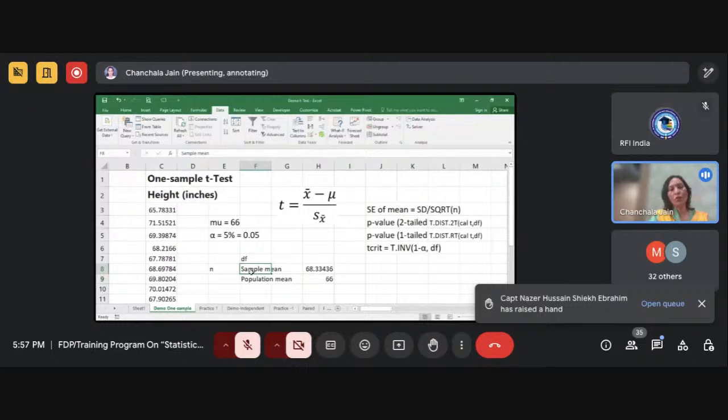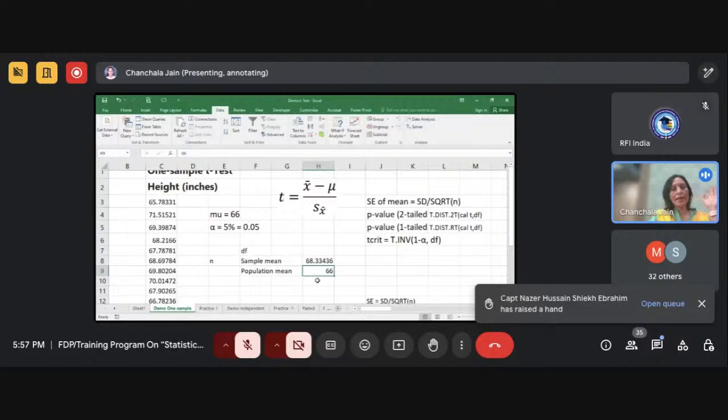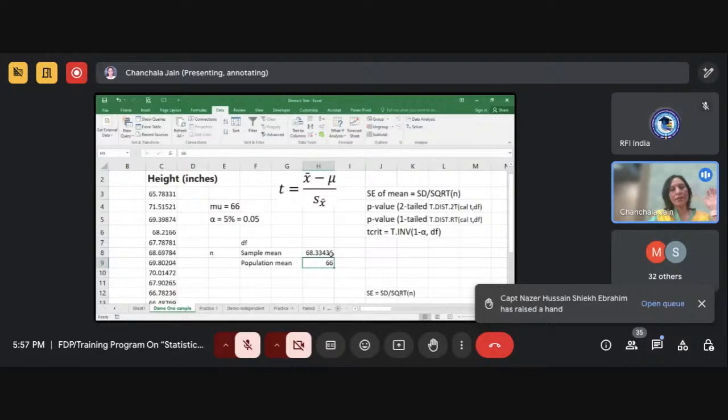Whenever you apply the one sample t-test, you either need to have the population mean or assume it. So you need a hypothetical mean of the population. That is why in this problem it is written that the population mean, mu, is 66, and I typed here mu equals 66.